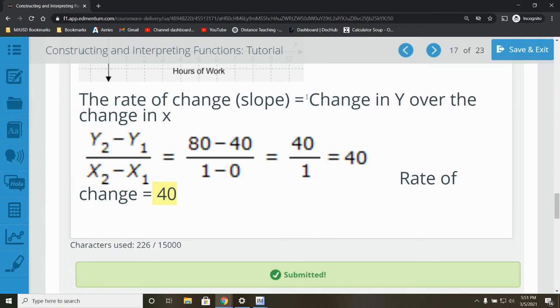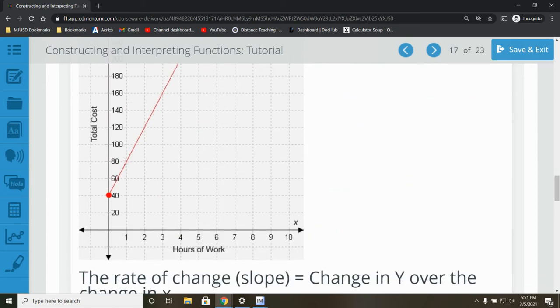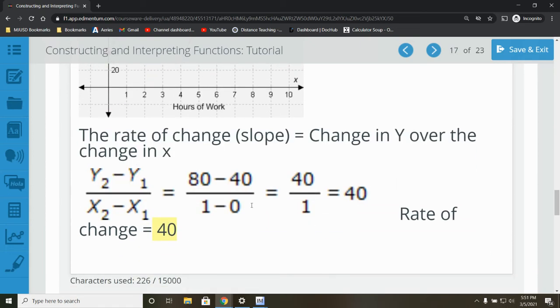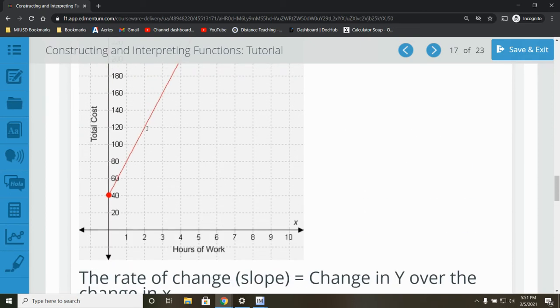And remember, the rate of change is change in y over the change in x. So the change in x is x2 minus x1. So x2 right here is 1 minus 0 is 1. It can be done the same way.